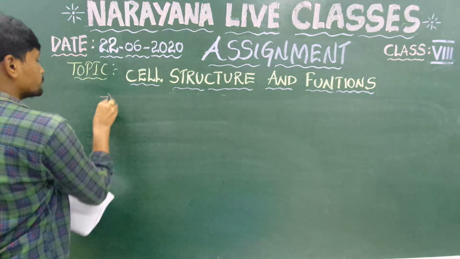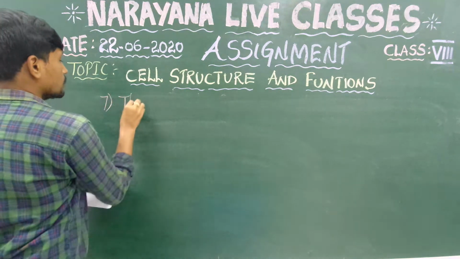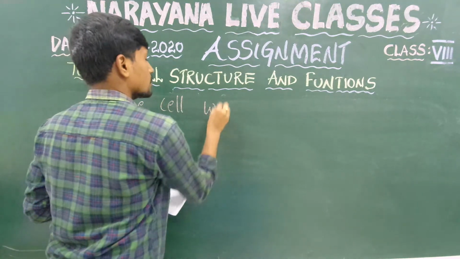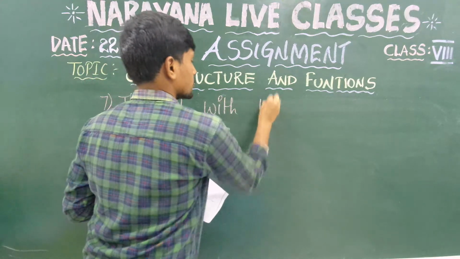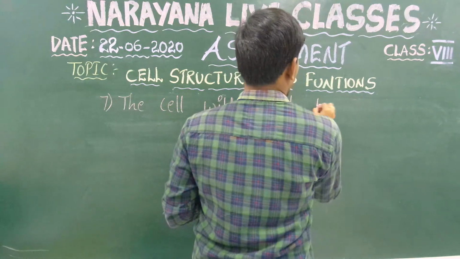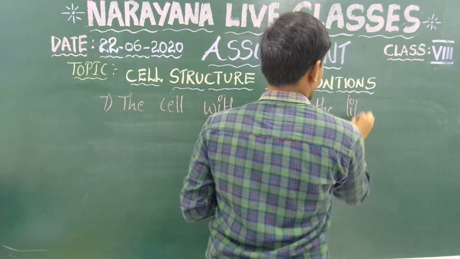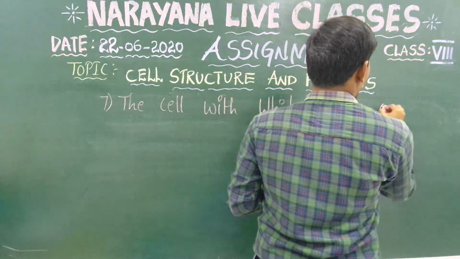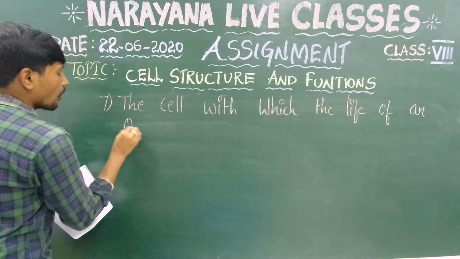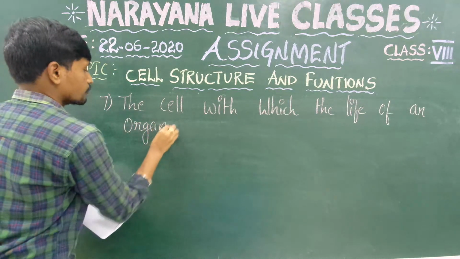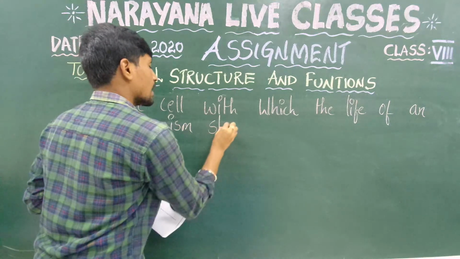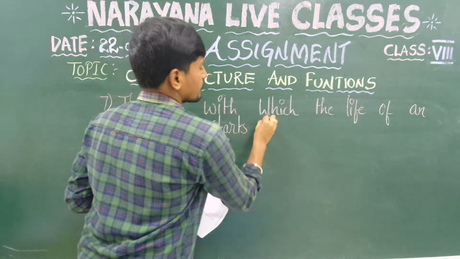Seventh one. The cell with which the life of an organism starts is dash.